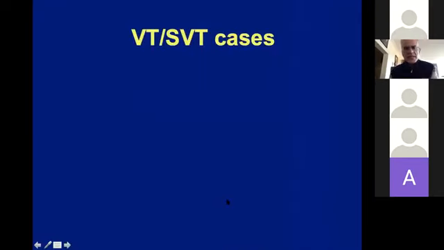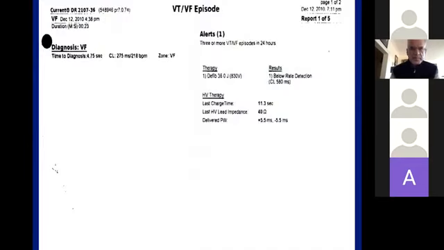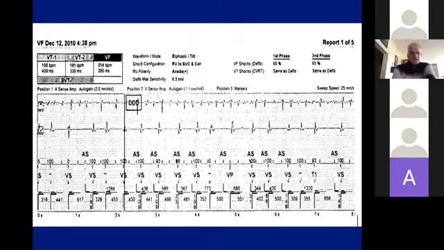All right, another VT-SVT case, actually several cases. So this is an episode. The device thinks it's VT-VF. I actually don't remember what it was. So again, looking from the top, there is the HL channel, and you can immediately tell that this is atrial fibrillation, right?